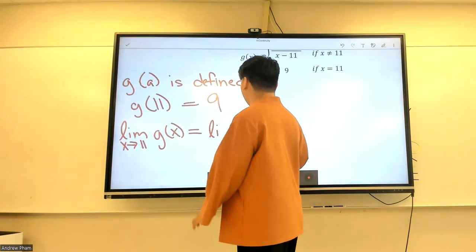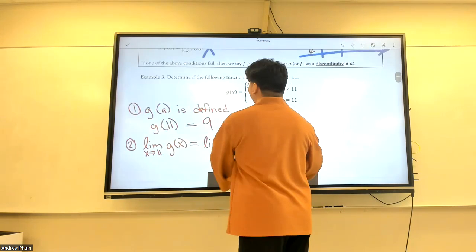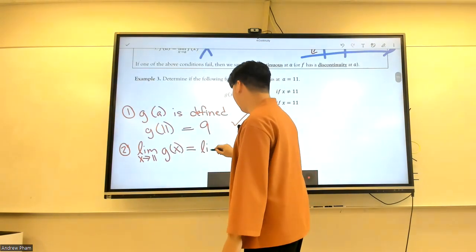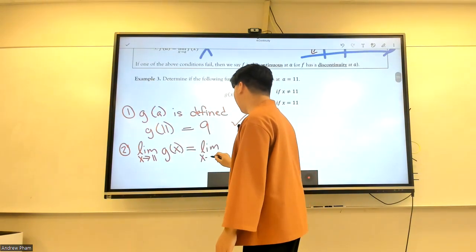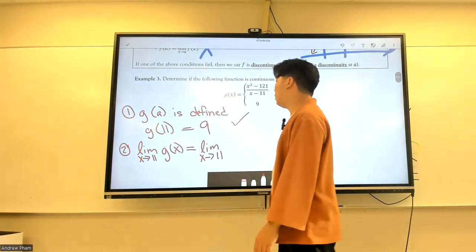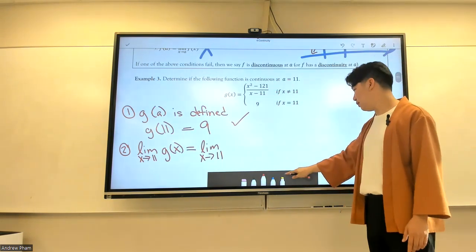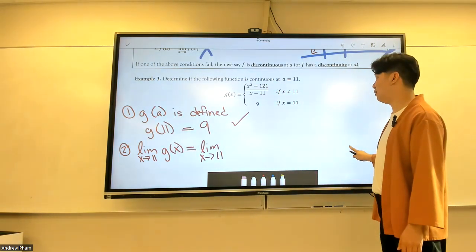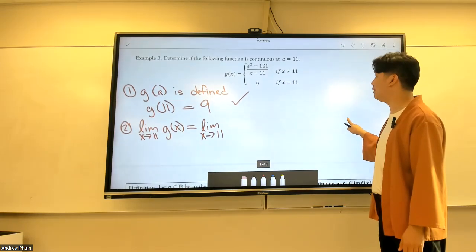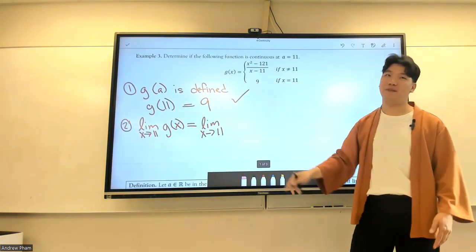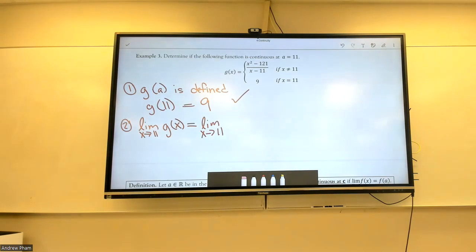So let me write this. The limit as x goes to 11. So I know that g is either one of these two expressions. If I'm taking the limit, which expression am I using? This top one or the bottom? Yeah, we're going to use the top one because whenever we talk about the limit, we're saying as x approaches 11.